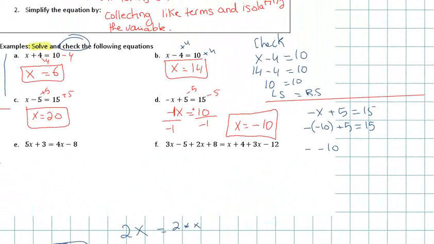Excellent. So that's going to be positive 10 plus 5 equals 15, right? Is 10 plus 5 15? Yeah. So 15 equals 15, so left side equals right side? Good.